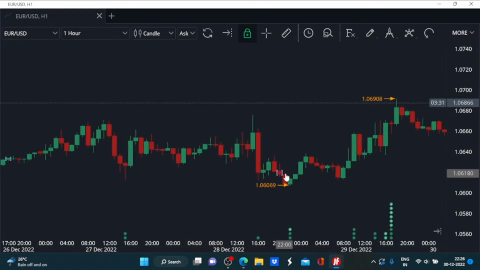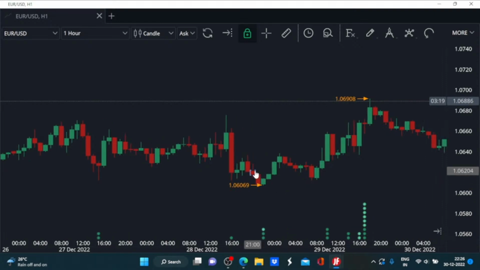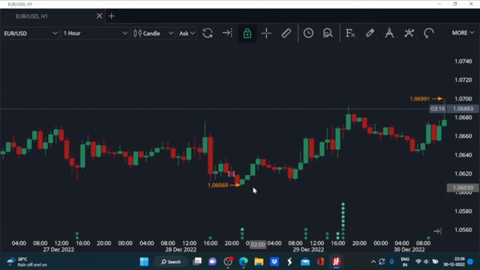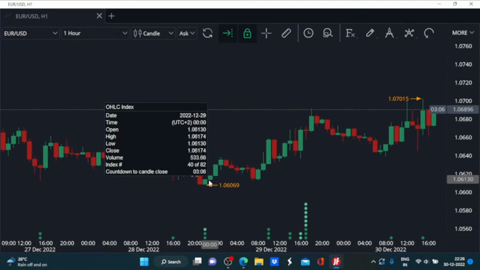But if we look at this formation, the decline didn't really go much further. It declined just a little over 10 pips, and then that decline evaporated, and we saw the momentum shifting, and successive candles went on to show a rise, and the whole trend reversed.